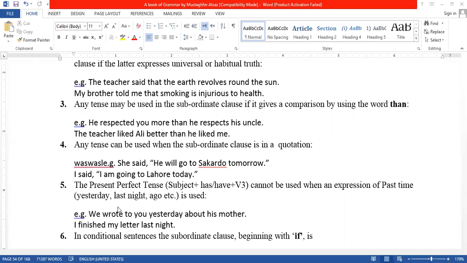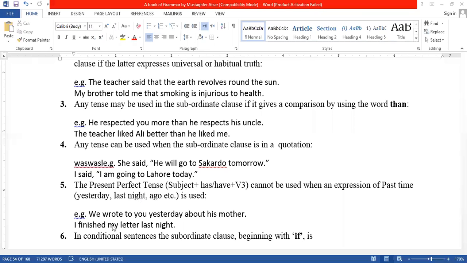All right, so we have no authority to write present perfect here, whenever we have the word yesterday, or maybe last night, or maybe ago, or any other word like them. For example, last week, last month, last year, previous night, previous day, any word like them. Fine. We can't write present perfect.